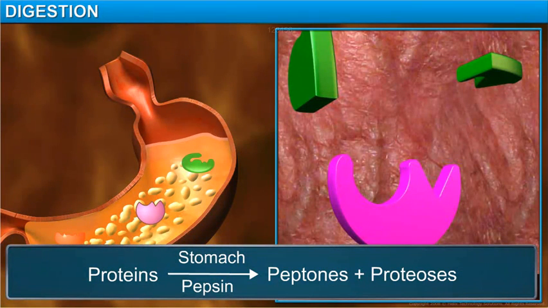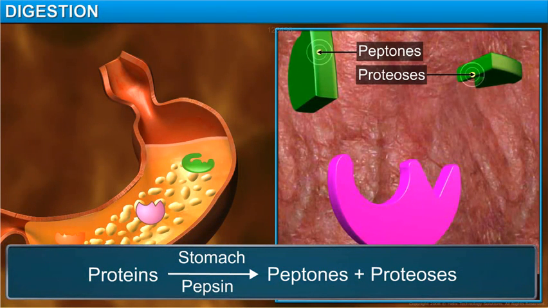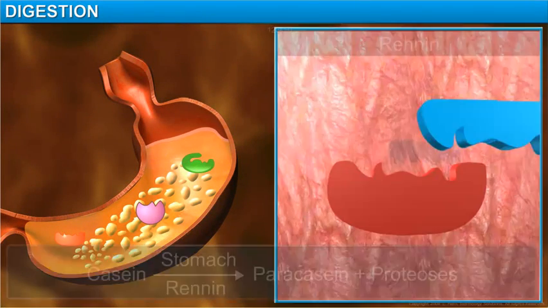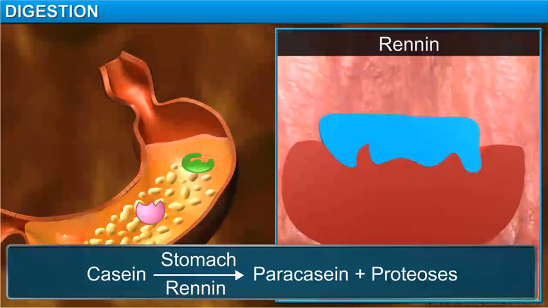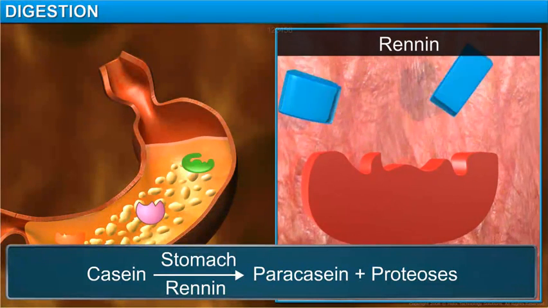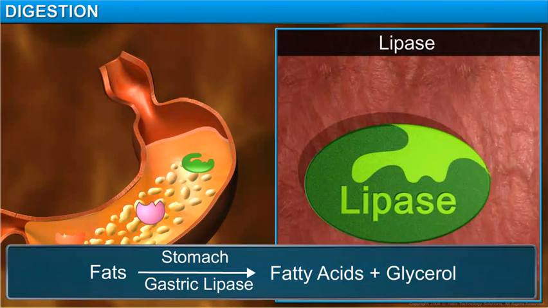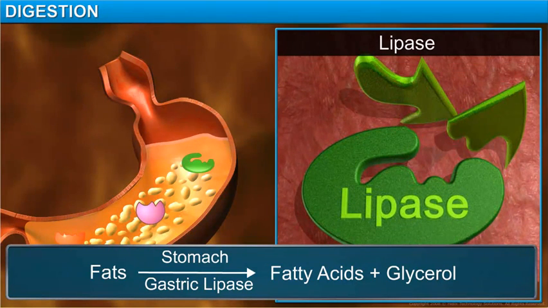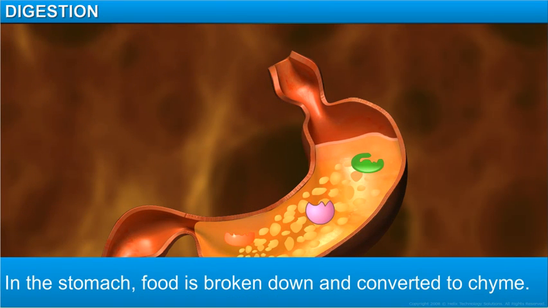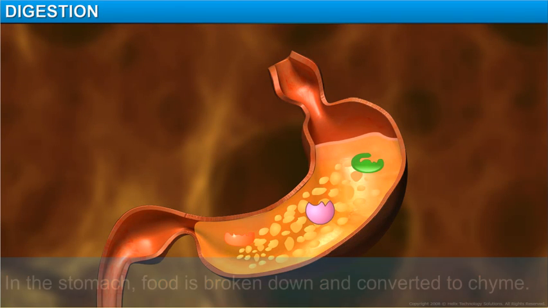Pepsin breaks down proteins into peptones and proteoses. Renin breaks down the milk protein casein into paracasein and proteoses. Lipases act on fats and help to break them down. This process continues till the food is turned into a thick liquid called chyme.